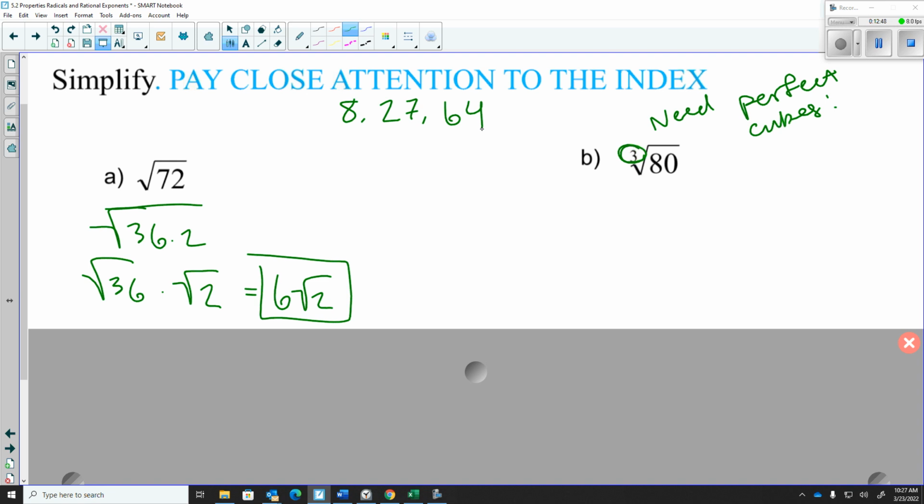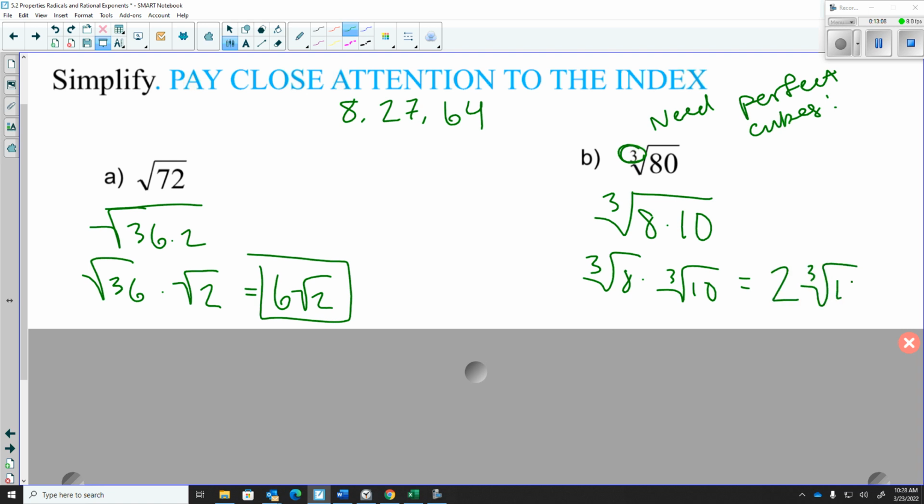But 8 does. So I can rewrite it as the cube root of 8 times 10. And then I can split those up, because it's under the same root. Cube root of 8 times cube root of 10. Well, what's the cube root of 8? 2. So this is 2 times the cube root of 10.